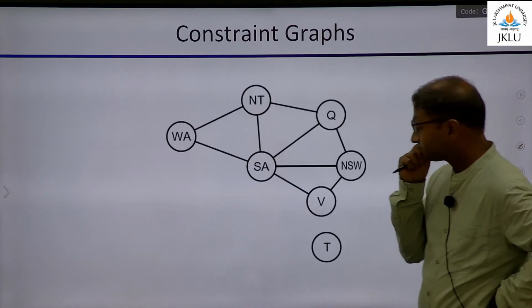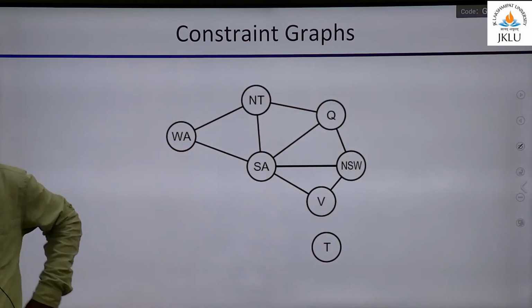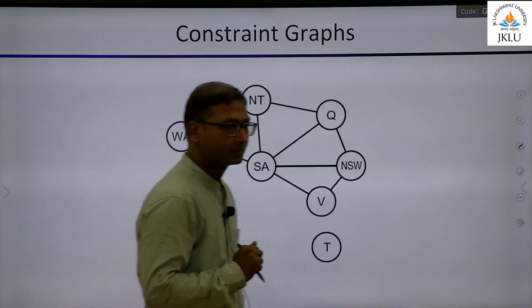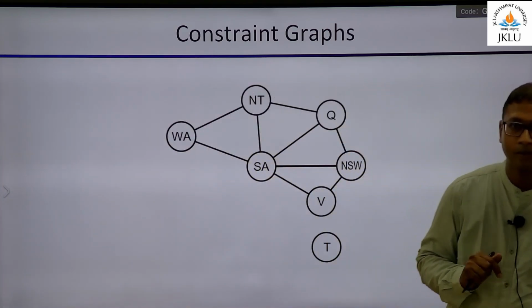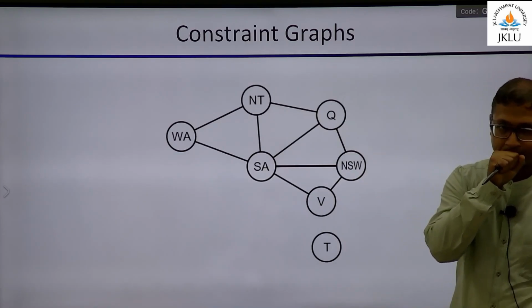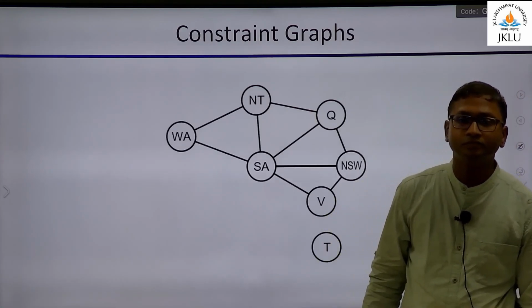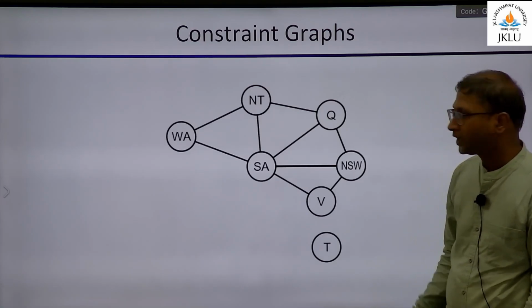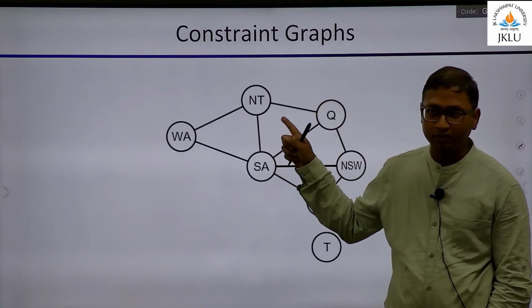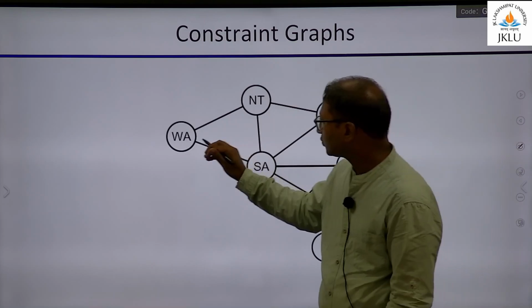Constraint graphs. What is this? You have seen it before. What is this? This is the graph for the coloring problem of Australia, right? So what was this name?